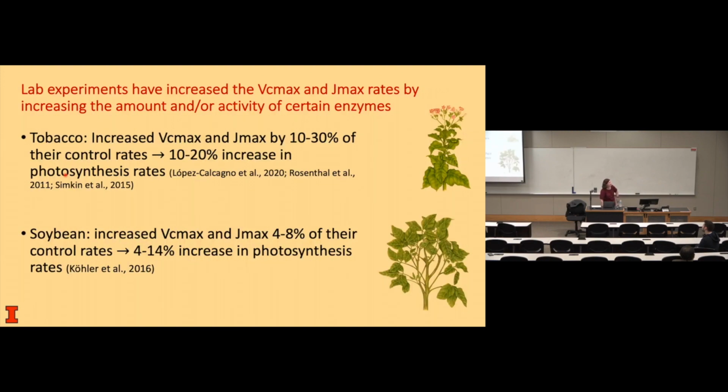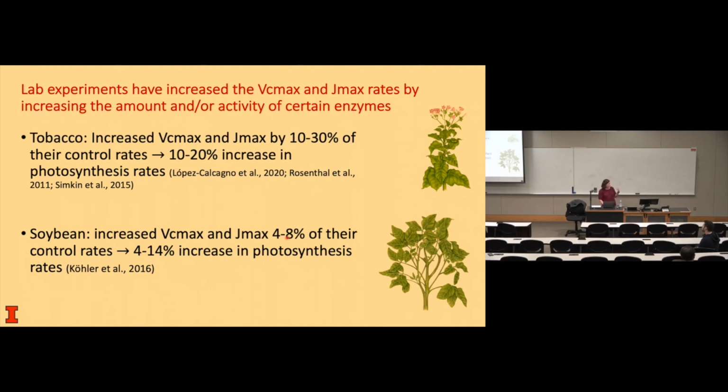There have been lab experiments that have looked at increasing these Vcmax and Jmax rates by increasing either the amount or activity of certain enzymes. In tobacco, this has been done where they increased the rates by about 10 to 30% and saw about 10 to 20% increase in the photosynthetic rates.